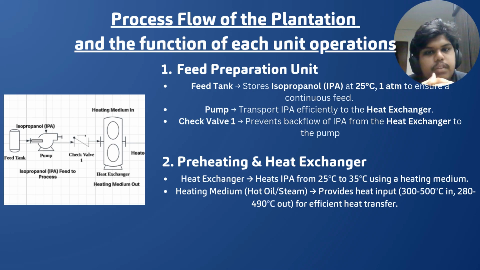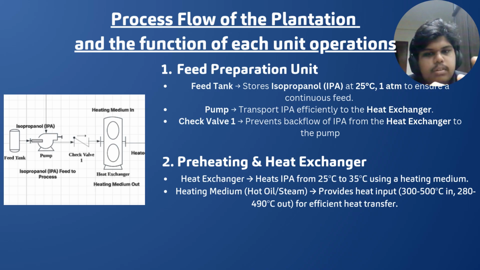The first is the feed tank that stores isopropanol at 25 degrees Celsius, 1 atm to ensure a continuous feed. The second is a pump to transport isopropanol efficiently to the heat exchanger. The third is check valve one, which prevents backflow of the IPA, isopropanol, from the heat exchanger to the pump.